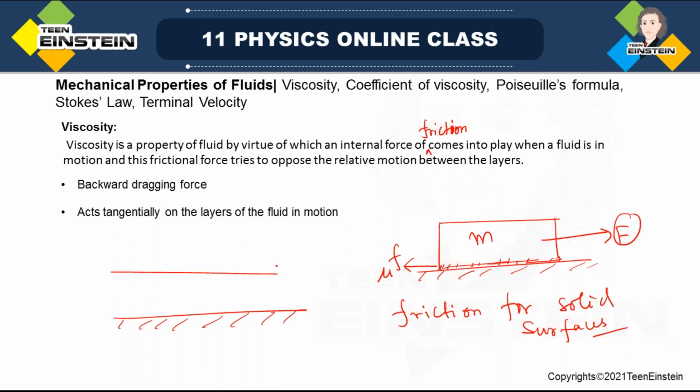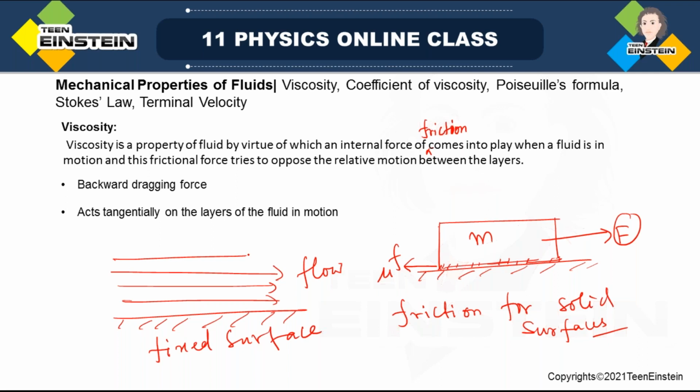When the water or any liquid flows in this direction of flow, it will flow making parallel layers. The layers are parallel to the fixed horizontal surface, and those layers will flow in the direction of flow.